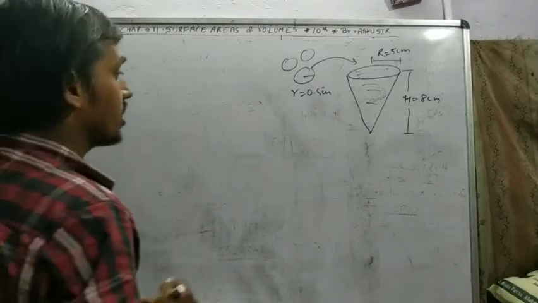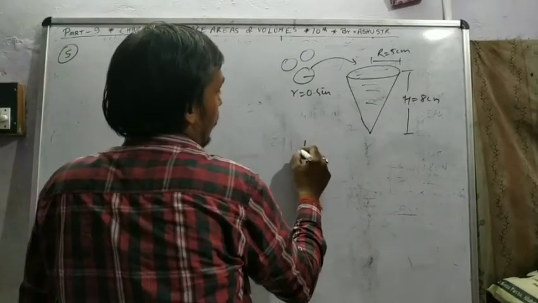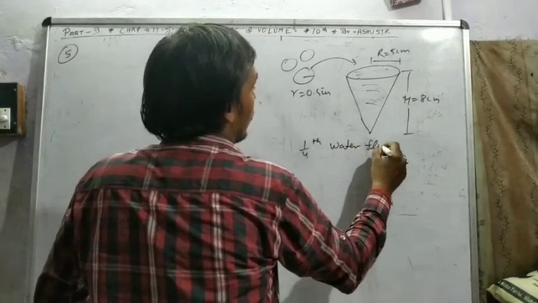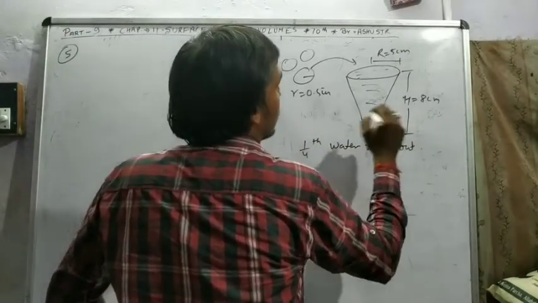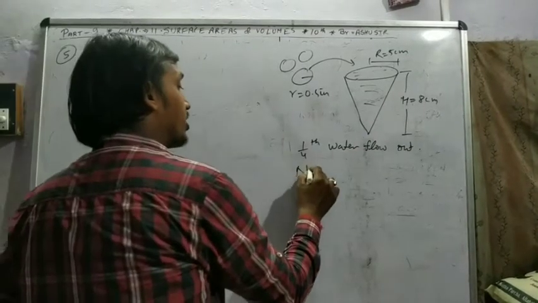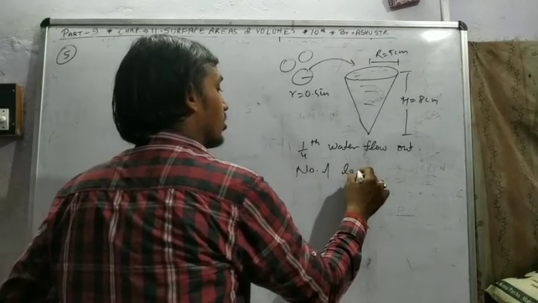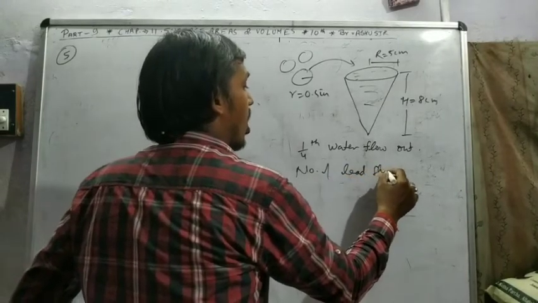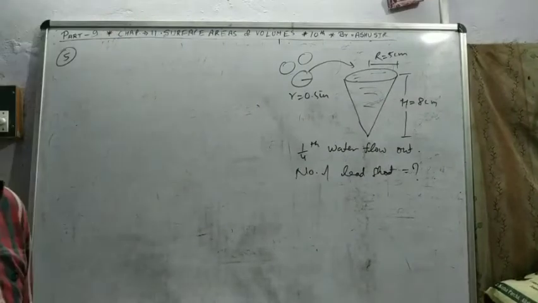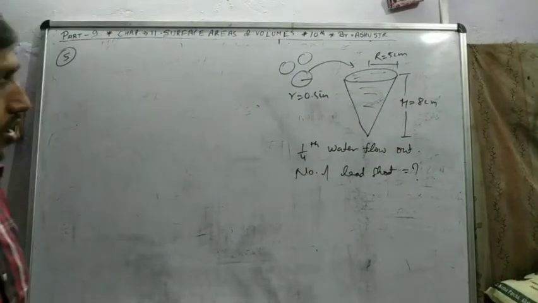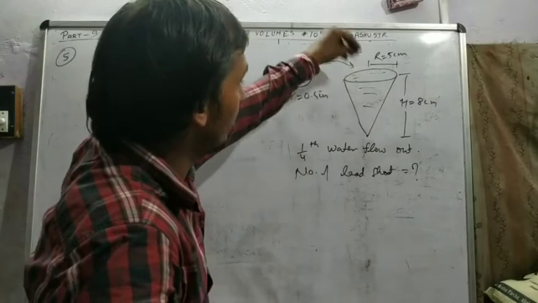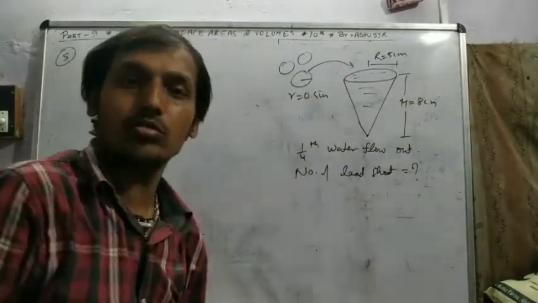One-fourth of the water flows out. So how many lead shots are dropped into this conical vessel? If all the lead shots are dropped here, 1/4 of the water comes out.